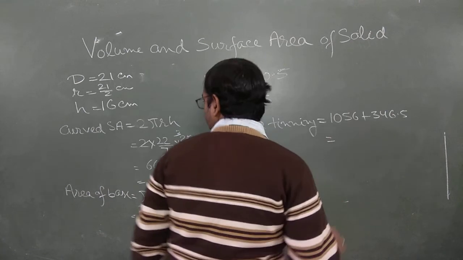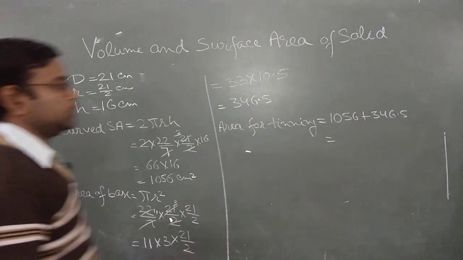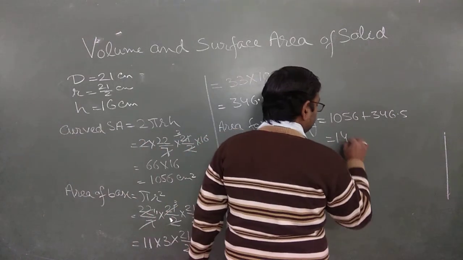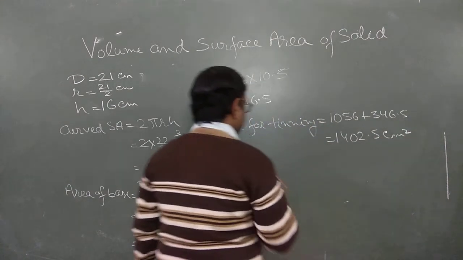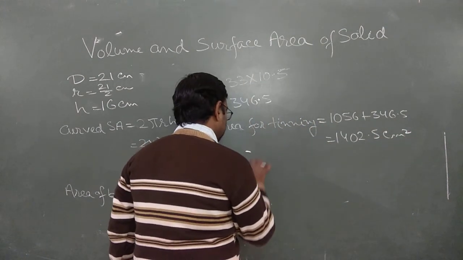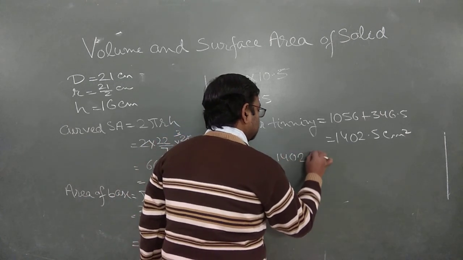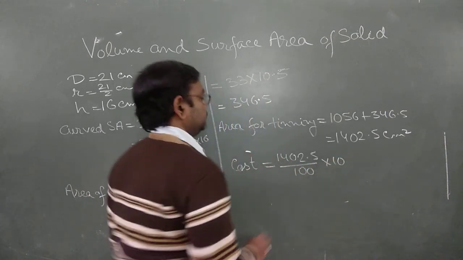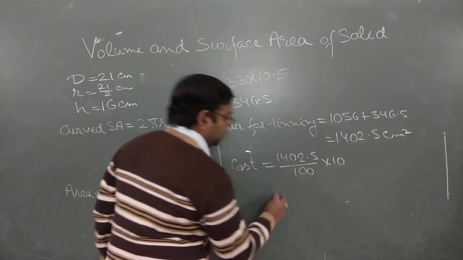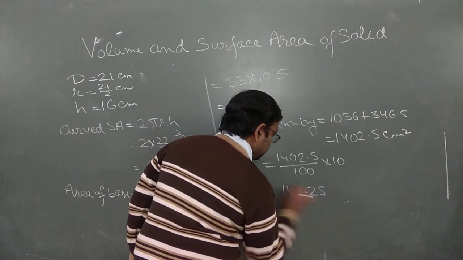Whenever we add it, it's 1402.5 centimeter square. So cost equals this divided by 100 multiplied by rupees 10. It is for per 100 square centimeter. So ultimately whenever we multiply, we have this as an answer.